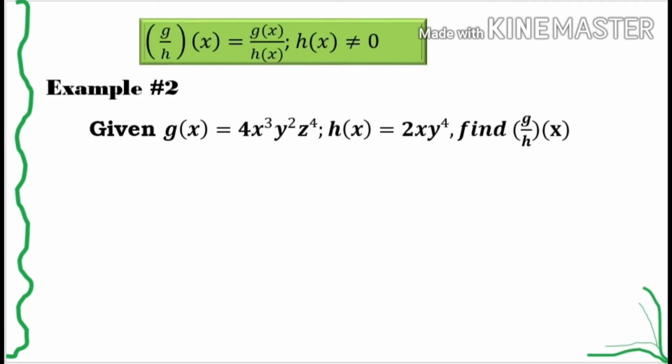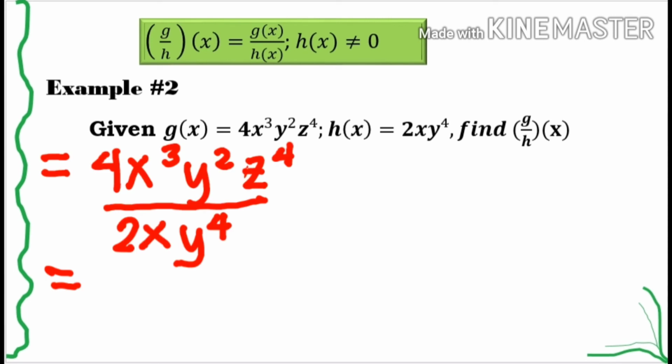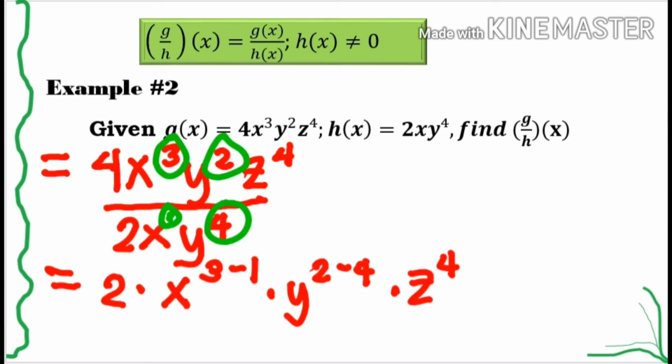Example number 2, given g of x equals 4x cubed y squared z raised to 4, h of x equals 2x y raised to 4, find g over h of x. We substitute the given to the formula. So in division, we need to subtract the exponent of the same variable.